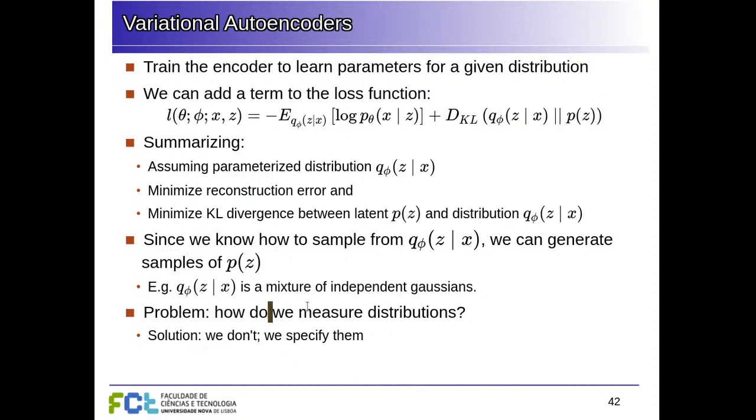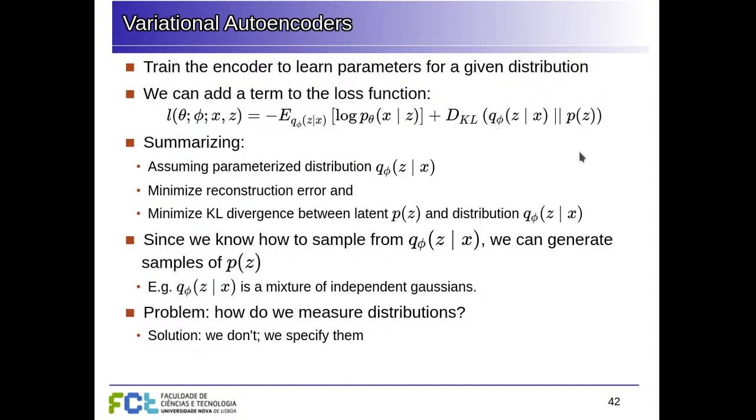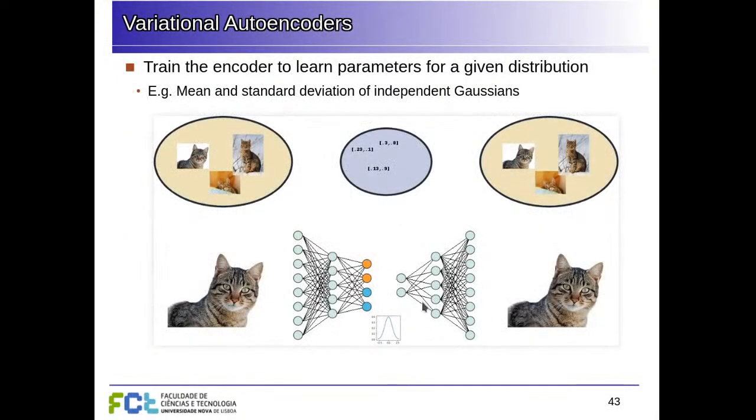We cannot actually measure what the distribution is like easily, but we can specify that the distribution of this latent representation would be something like the sum of independent Gaussians. And we compute the parameters for those in the representation.